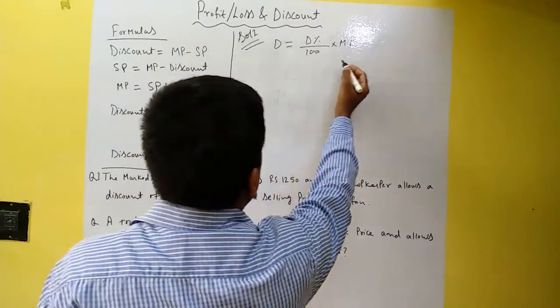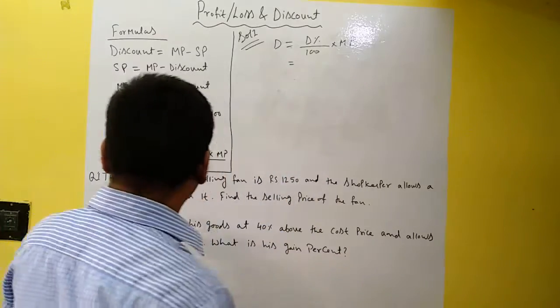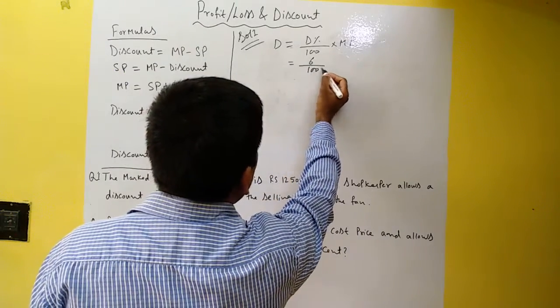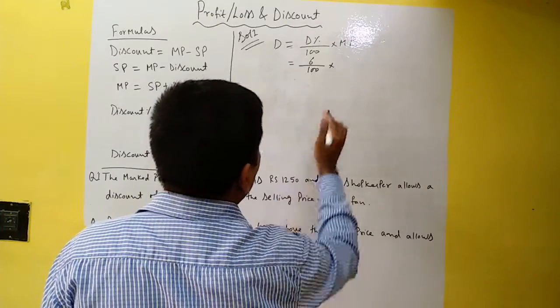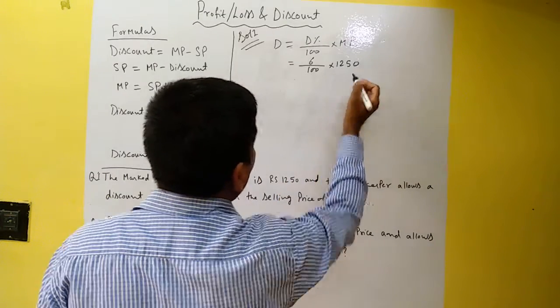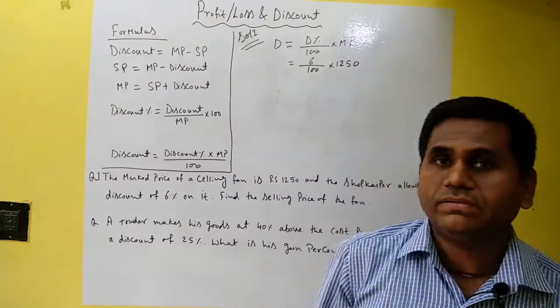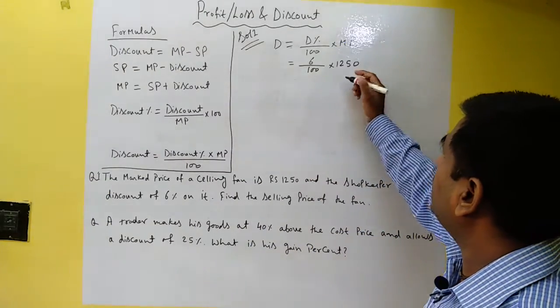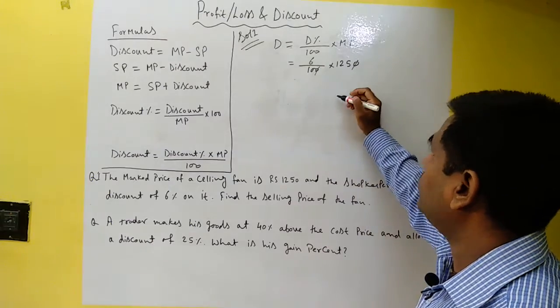Now in this formula you can see discount percentage is 6%. So 6 upon 100 multiplied with 1250. Here we can cancel this 0.